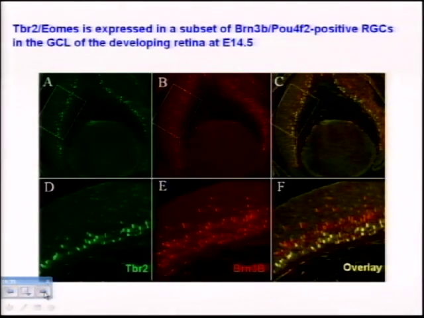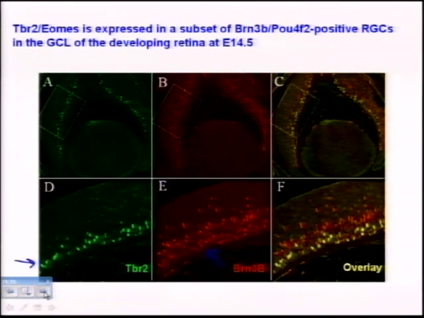Now, I won't belabor this, but I'll just show you one or two experiments. T-brain2, or Eomes, is expressed in a subset of the cells that are going to give rise to the ganglion cells at E14.5. So what this means, here we have an antibody staining ganglion cells against T-brain2. And then in red, you have an antibody against Brn3b.